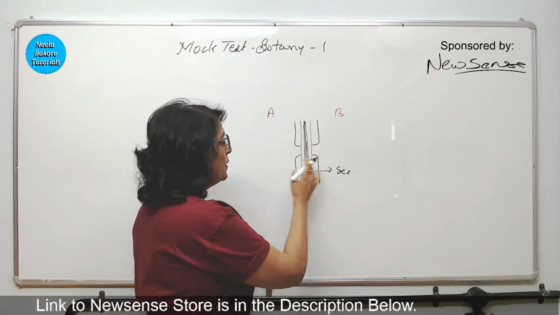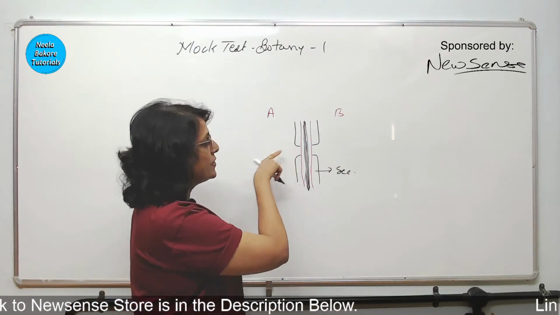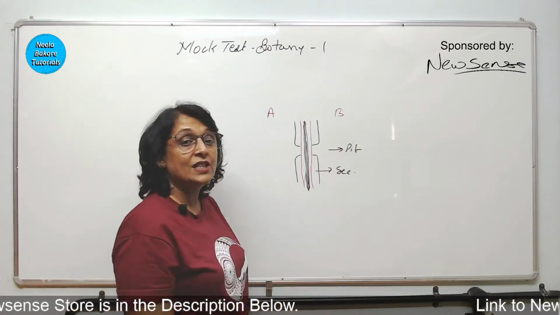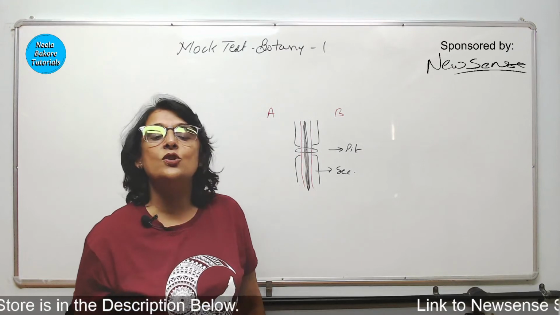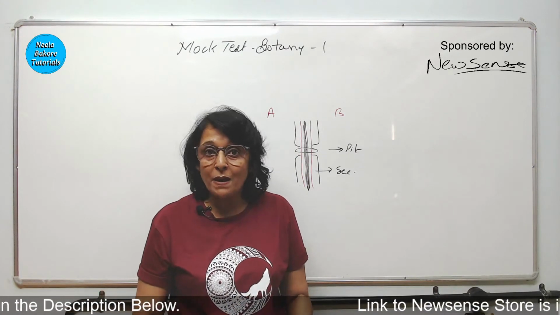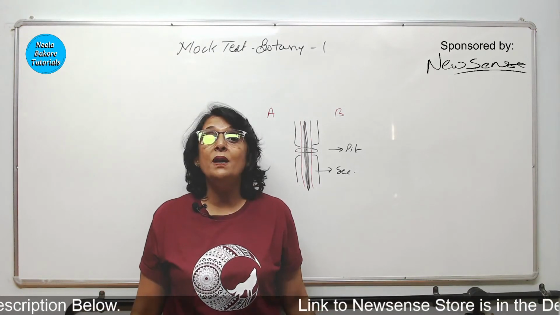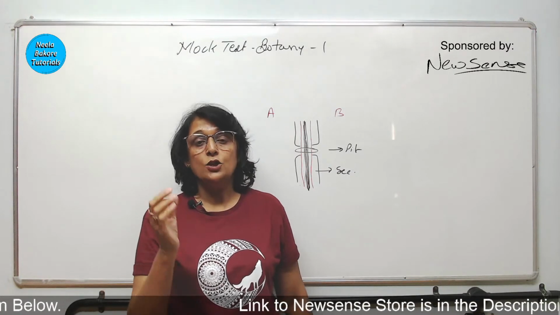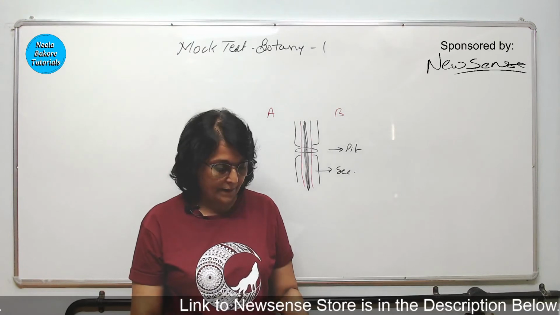So exchange between these two cells will not take place. So the areas where secondary wall is not deposited is known as a pit. Exchange takes place through this membrane, and this membrane is called the pit membrane. Now when you know what is pit membrane, you are able to answer the question. So it is made up of middle lamella and primary cell walls. Okay, so for that you need to know the structure, what all things are there.